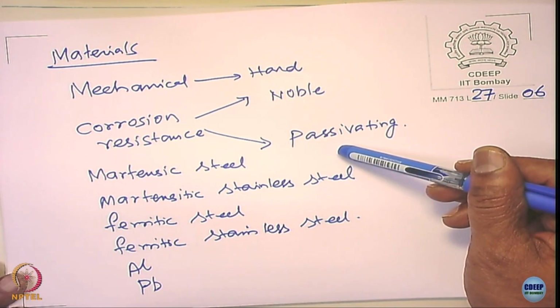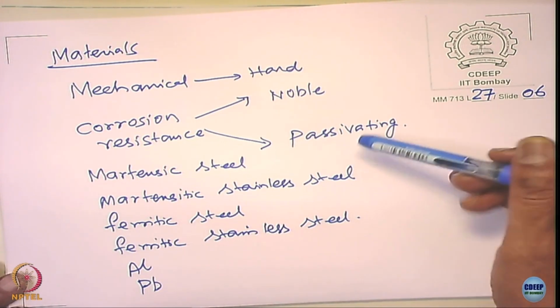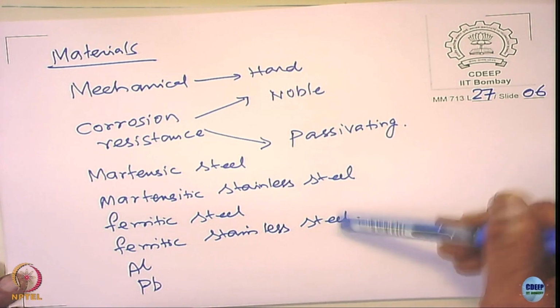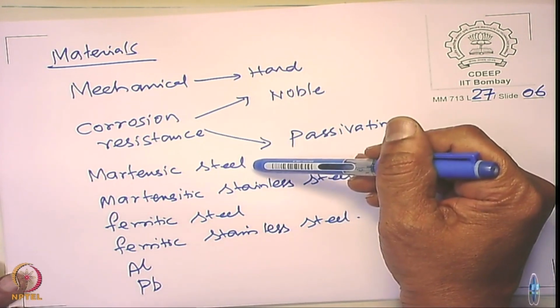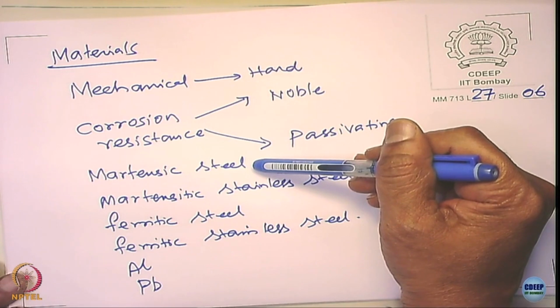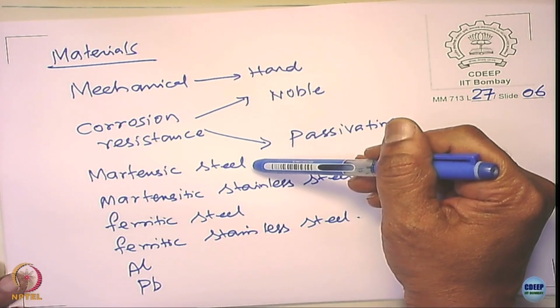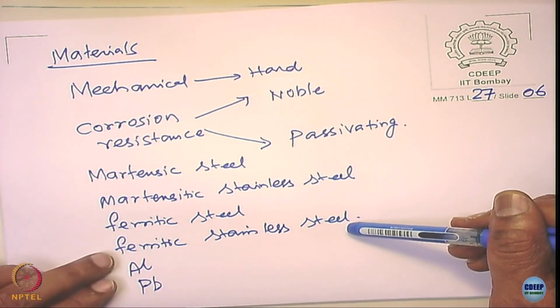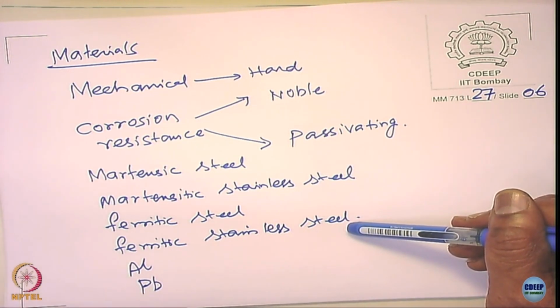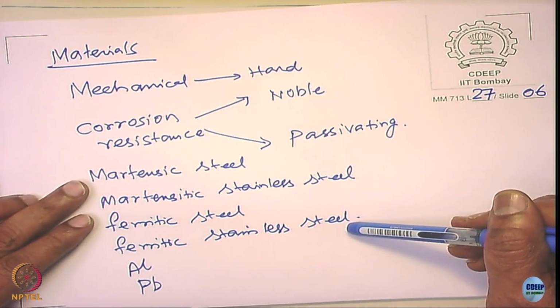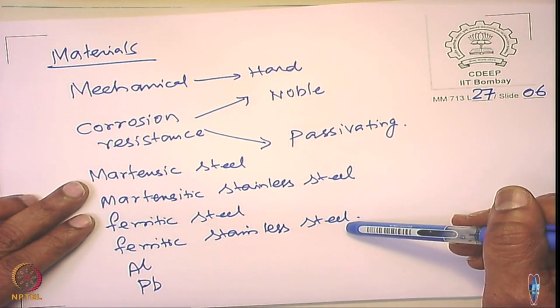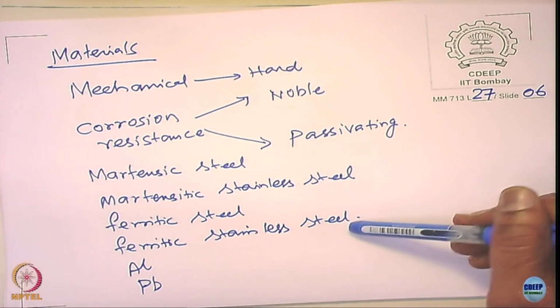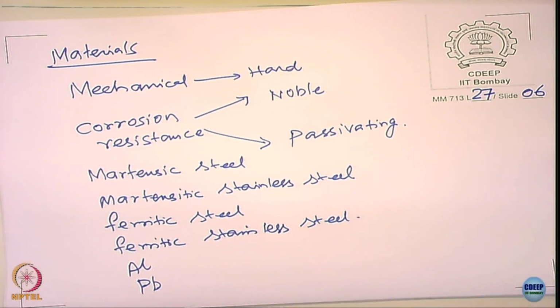In fact, it might so happen that the ferritic stainless steel may be better than even martensitic steel, depending upon the corrosive nature of the environment. If the environment is very corrosive, it is possible that the erosion corrosion resistance of a ferritic stainless steel could be better than that of a martensitic steel. Why? Because martensitic steels generally are more prone to corrosion compared to a ferritic steel.